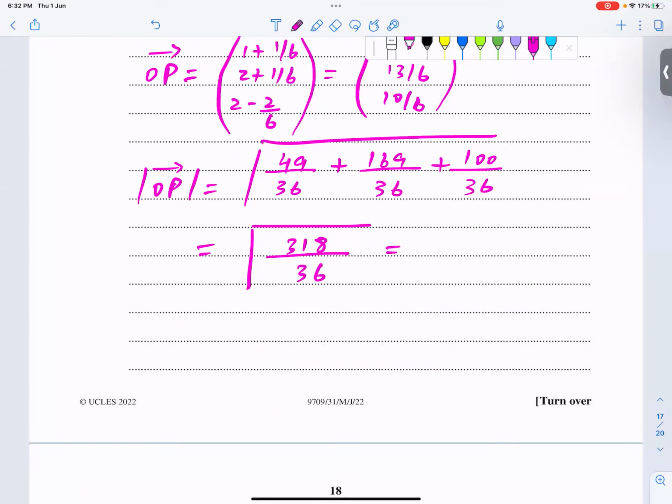Now 318 we can factor as 6 times 53, so we can cancel 6 with this. So this will be square root 53 divided by 6. This was the required form.